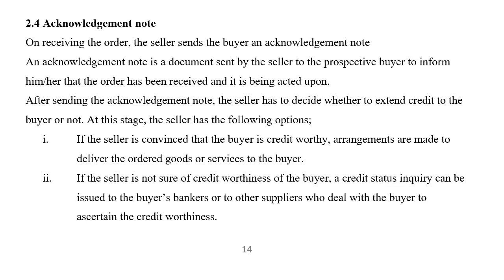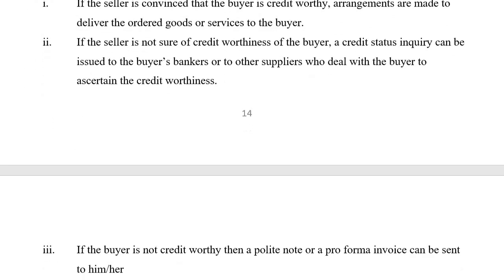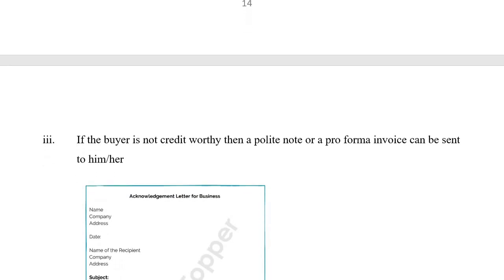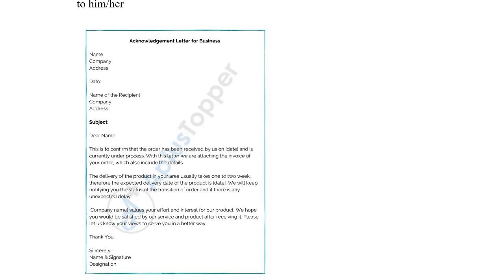So for example, after sending the acknowledgement, the seller has to decide whether to extend credit to the buyer or not. So let me take you through how an acknowledgement note looks. Here it is. You see, we have the name of the company, the date, name of the recipient, we have the subject, we have the salutation, and let's just have an overview of the content covered in this acknowledgement note.